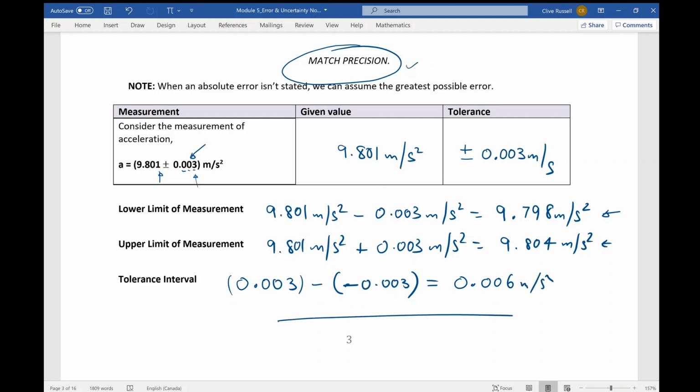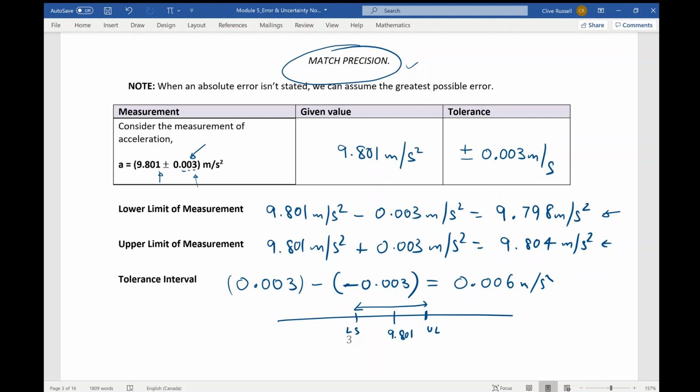Let me just show you what's going on here. If we have a value here, which is the 9.801, we have our upper limit here and our lower limit. The tolerance interval is anywhere between there and there.